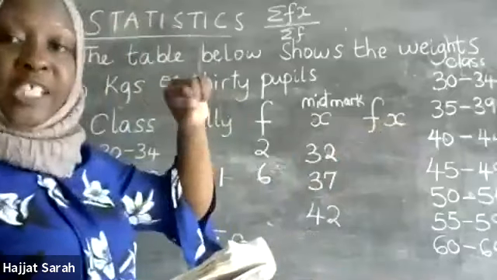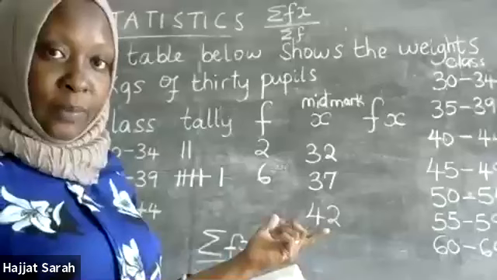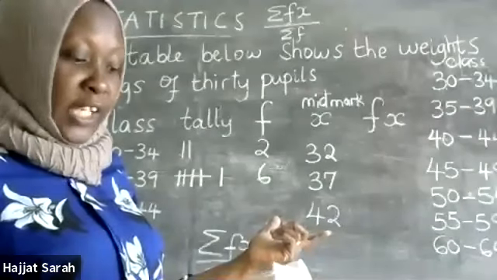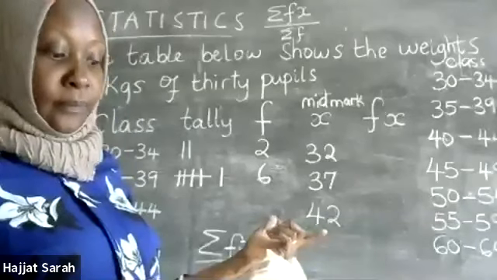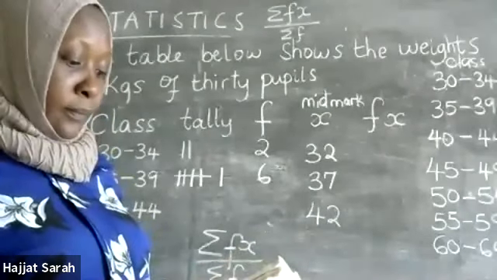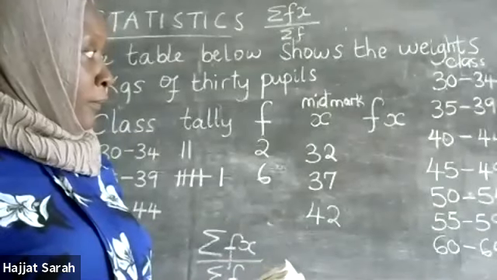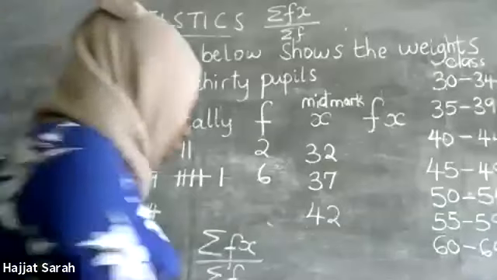So our first digit, 48, lies in which class? Which class is it, Mbabazi? 48, where would you put it? It's in the fourth class, 45 to 49. Okay, fourth class.